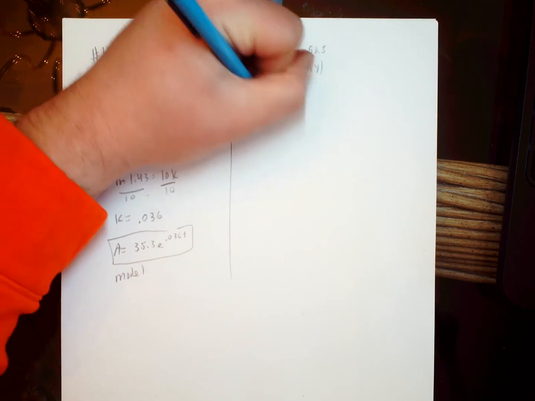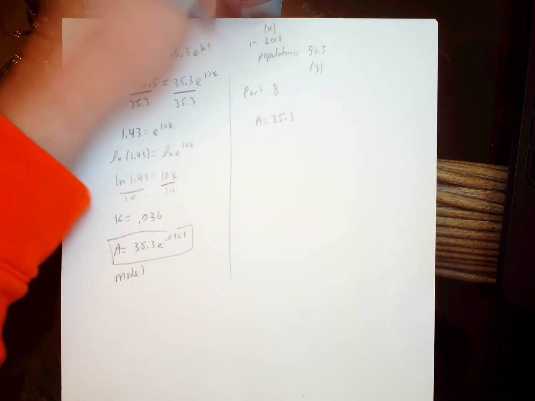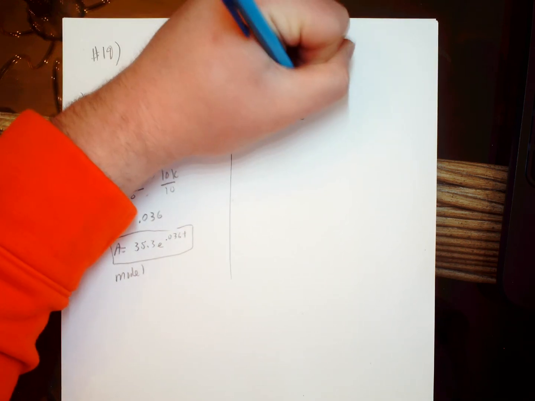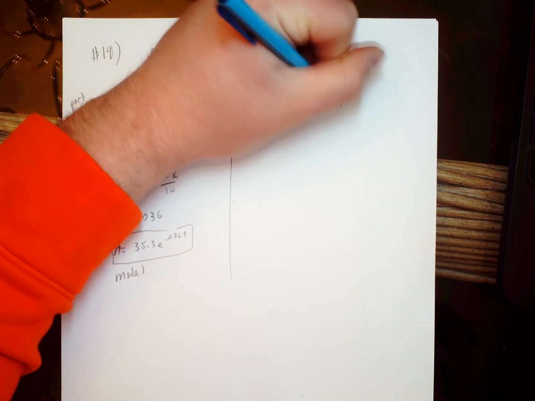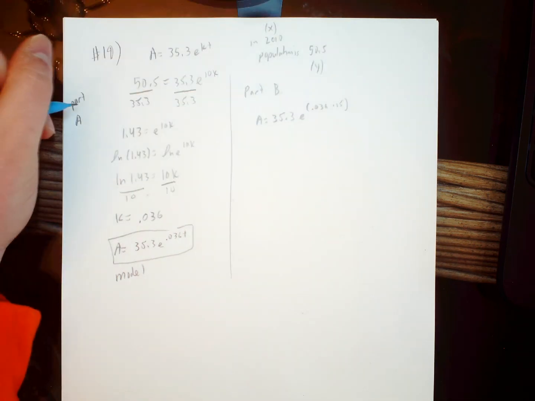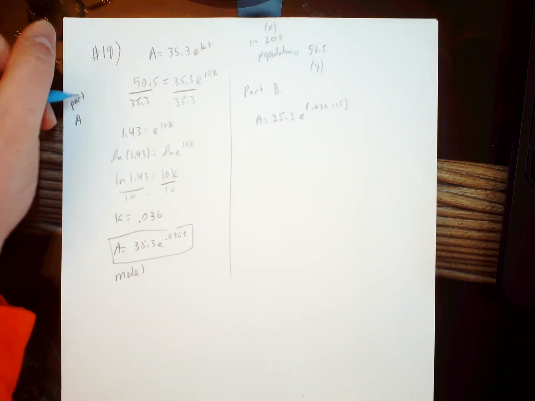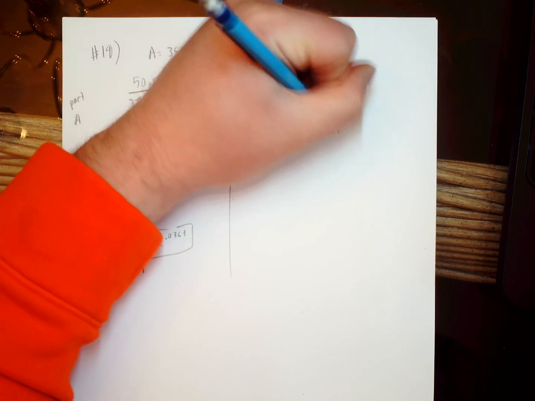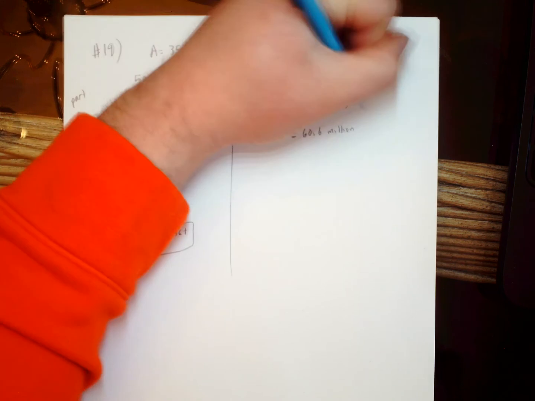A equals 35.3 e to the 0.036 times 15. And you should get about 60.6 million.